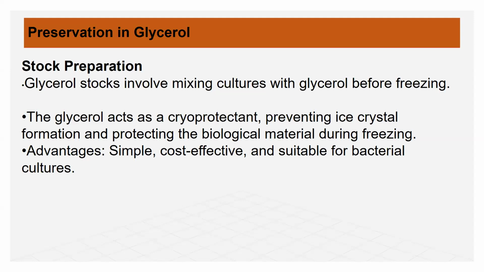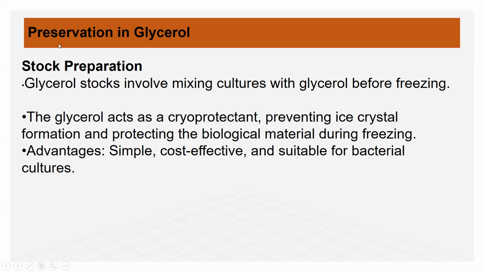So glycerol is like oil. Most of the time we use 20% glycerol. That means you take 20 ml of glycerol and then 80 ml of distilled water, or seawater or any kind of water you want to use for your organism, depending on where you isolated them from.